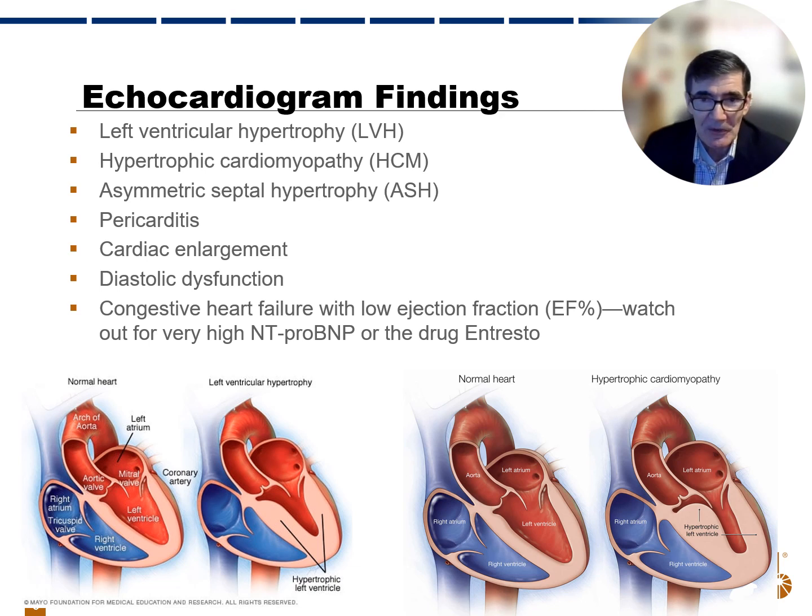If you look at the picture to the far right, this compares a normal heart on the left with a hypertrophic cardiomyopathy, where the walls are super thick and the left ventricle has very little space for the blood to accumulate in the left ventricle and be pumped out.